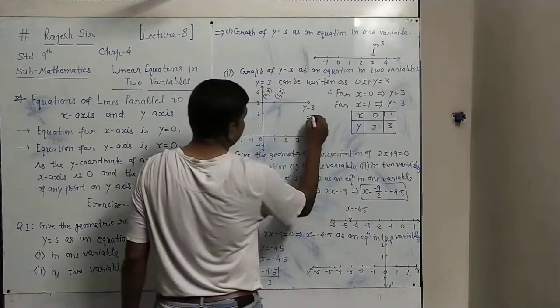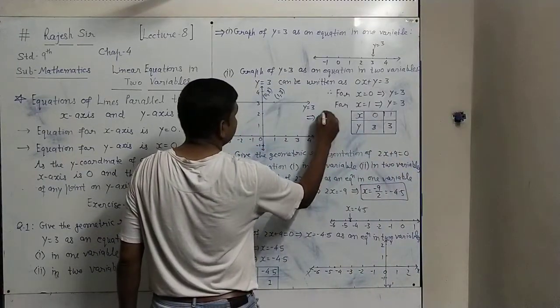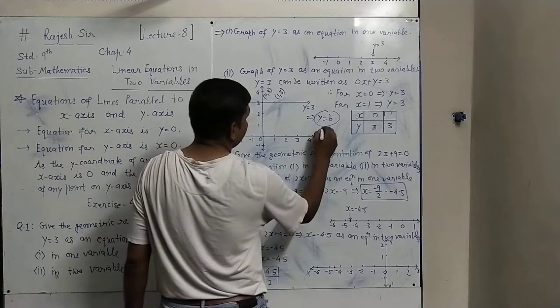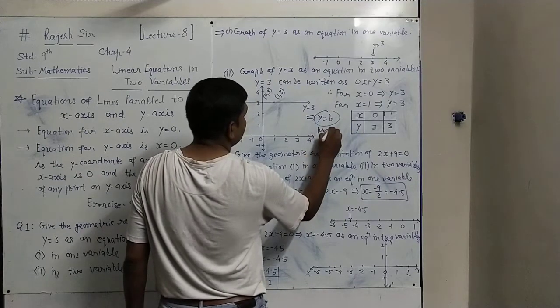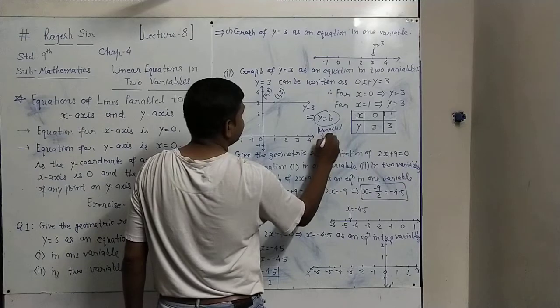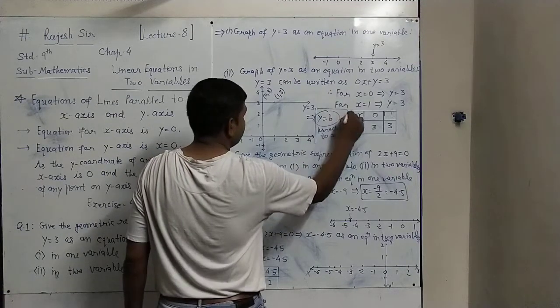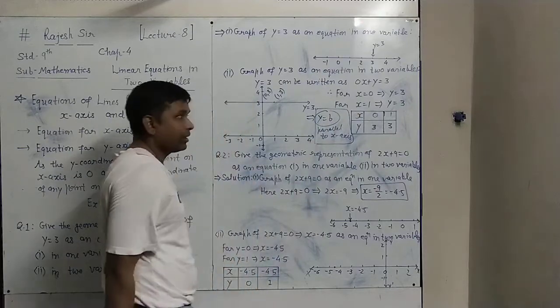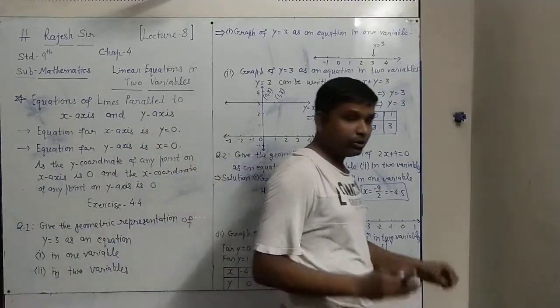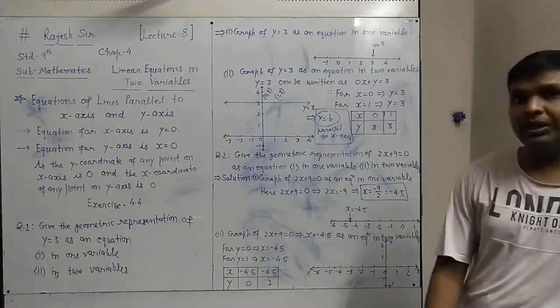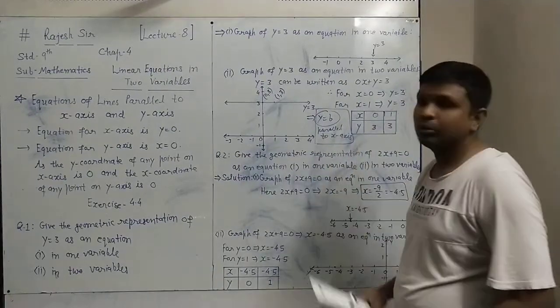That is, in general, a y equal to b type graph will always be parallel to the x-axis. This is to be noted actually. Understand it. We have seen that y equal to some value will always give a graph which is parallel to the x-axis.